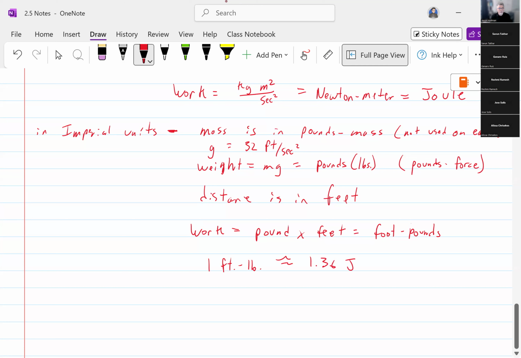So within a factor of 10, they're roughly the same amount of work done, just like how a mile and a kilometer are within a factor of 10, within the same, I think 1 to 1.5 or something like that. Joules and foot-pounds can be converted kind of nicely back and forth as well.